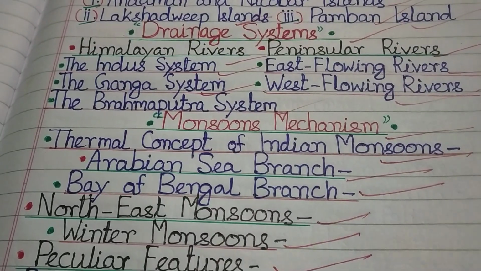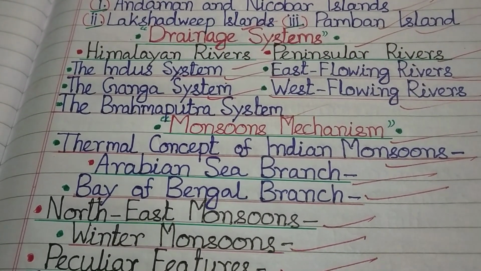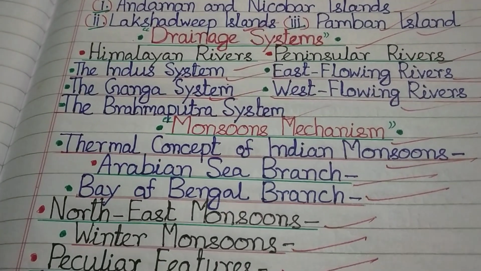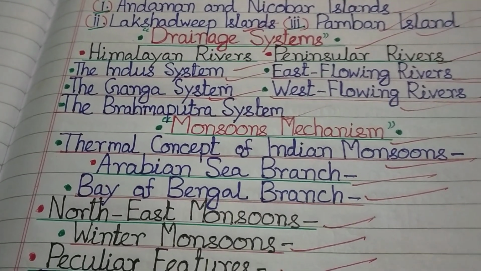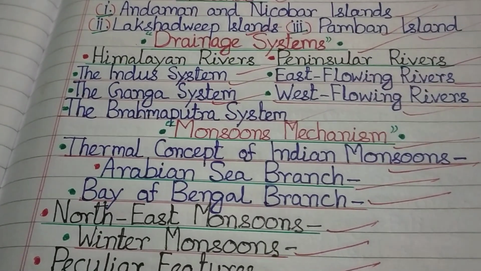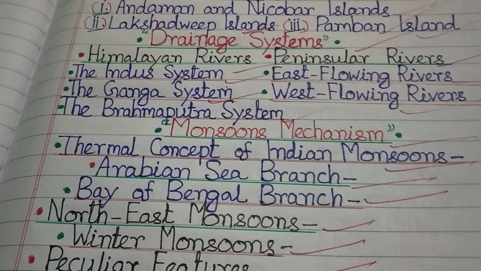It joins the Sutlej near Harike after flowing for a distance of 615 kilometers. It drains an area of 25,900 square kilometers in India.